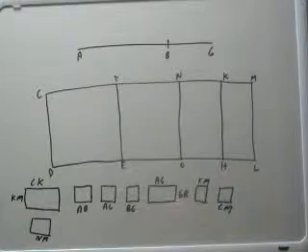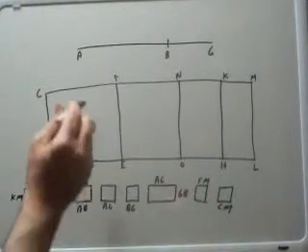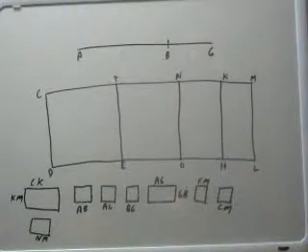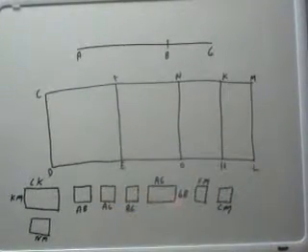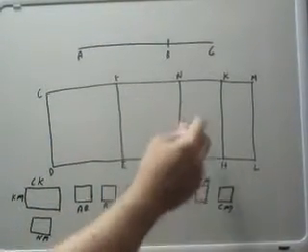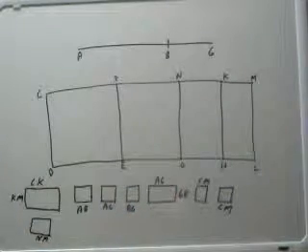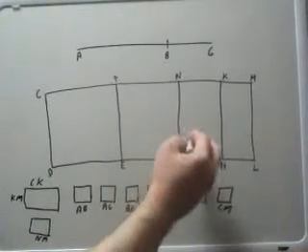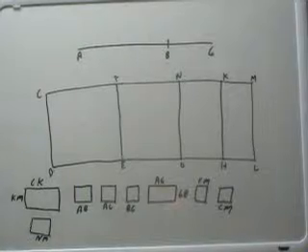Therefore, NL, which is this and this, is going to be the mean proportion between CH, which is this, and this, and KL, which is this. Therefore, as CH is to NL, as these three are to these two, so is NL to KL, so as this is to that.